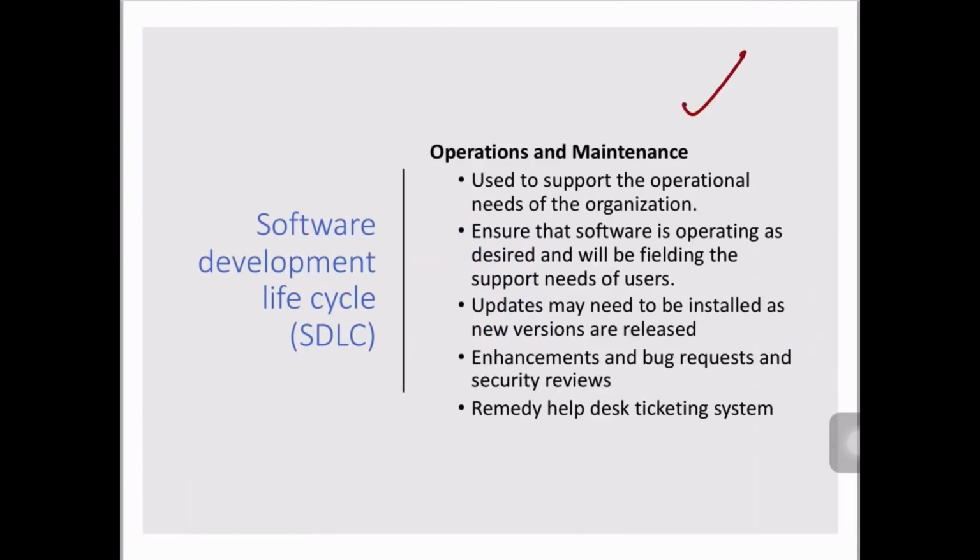But as we move on, every year some new requirements come, and some functions which we were previously using are no longer needed. We try to obsolete or discard those functions and upgrade with the new functions. So the operation and maintenance step is a continuous process.